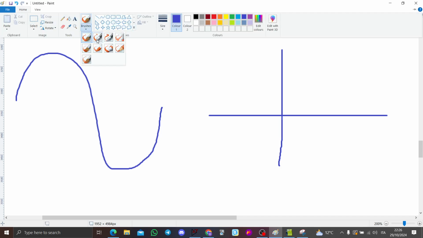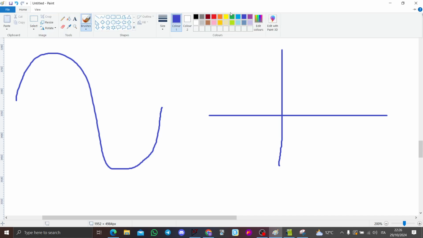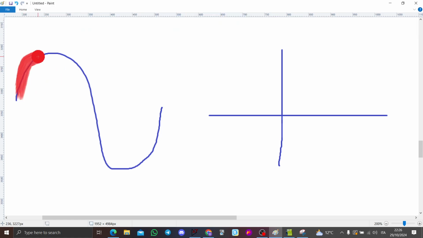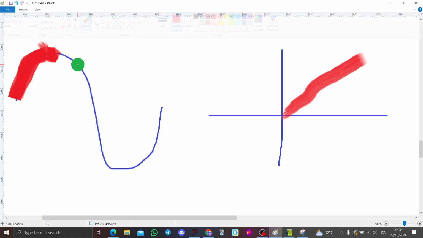Let us use a bigger brush and a color. First, you do this, and once you do this, you reach the peak of the sine, and so you do this the first time. Then let's use the green.